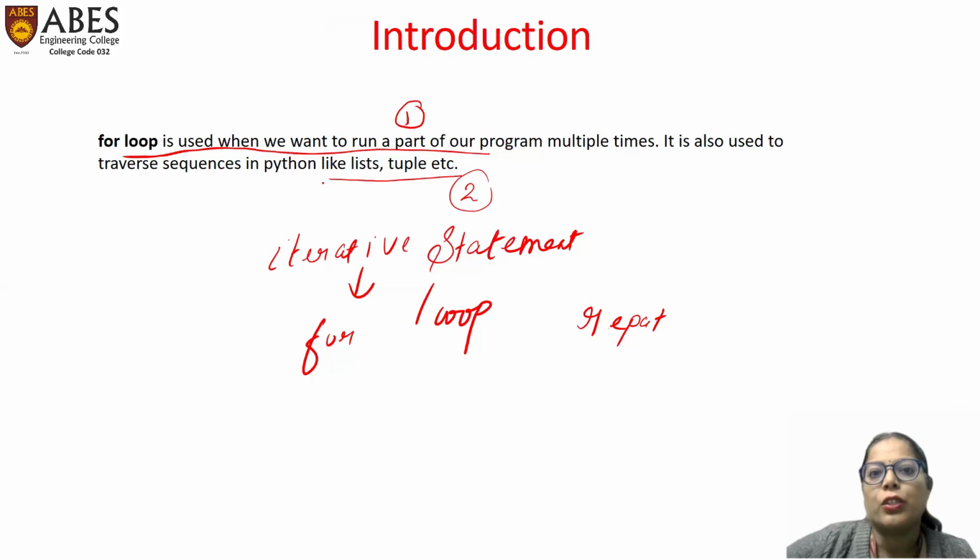First, it is used when you want to repeat the same thing or run a part of the program multiple times, that means one, two, three, four, five, six, or any certain number of times. In that case, you will use a for loop.